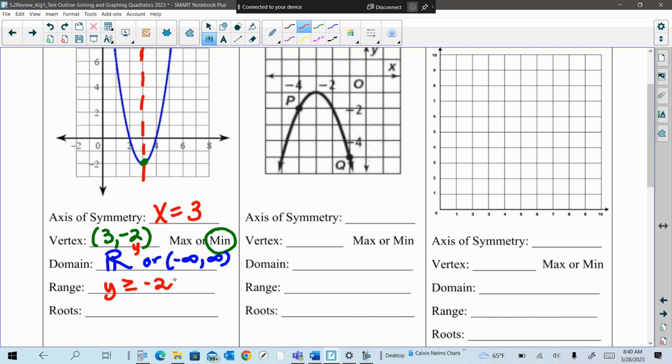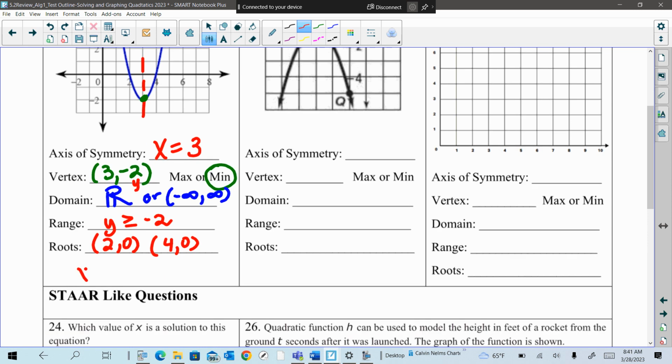What are the roots to this parabola or quadratic? You can do it as ordered pairs: 2, 0 and 4, 0. Or if you want to write just the x values of the roots, you could put 2, 4. You just say x equals and list the values.